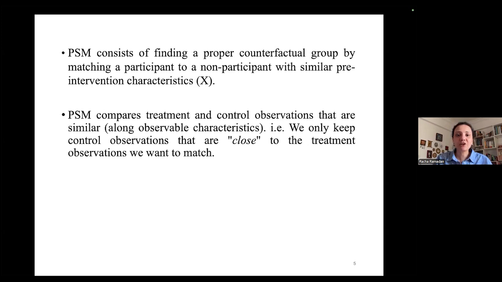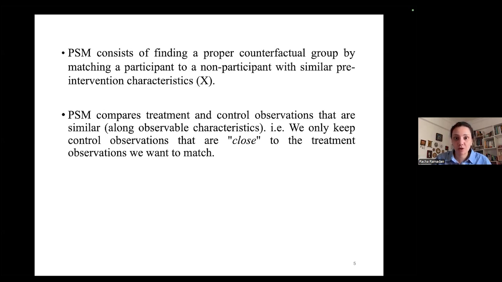Here we are matching only on observable characteristics, because we know that there is selection bias. And this selection bias is based on characteristics. Of course, it can be based on observable and non-observable characteristics. However, with the PSM, we are controlling only for the observable characteristics that we can control for, and we can match between the control observations and the treatment observations.